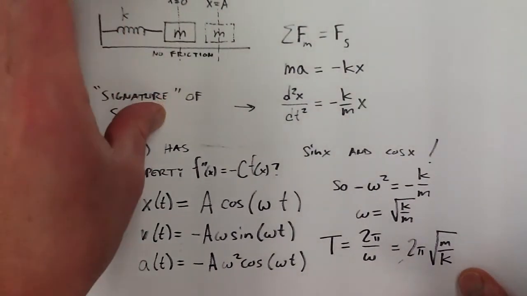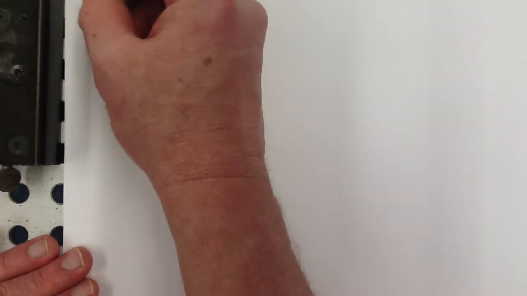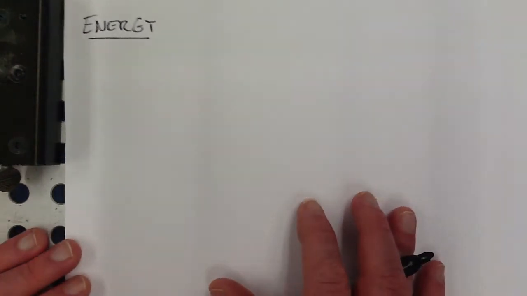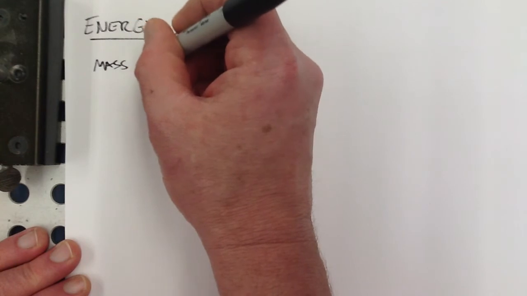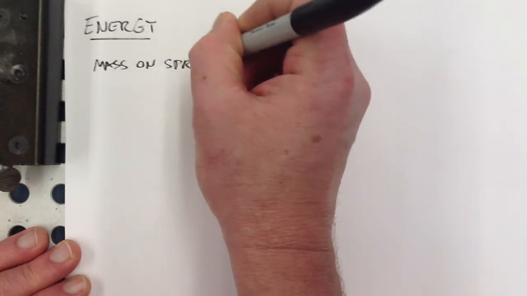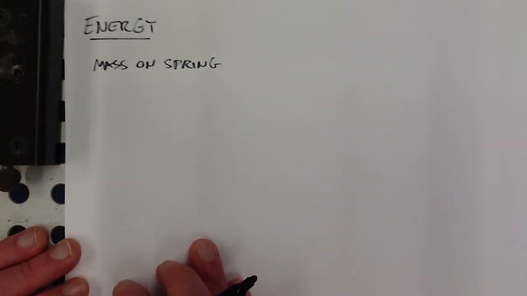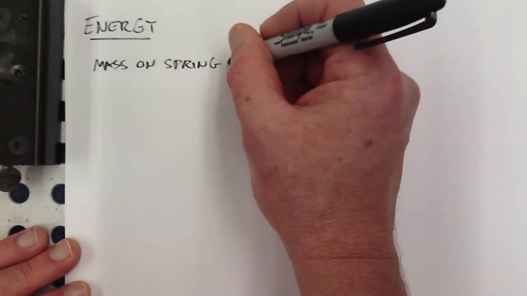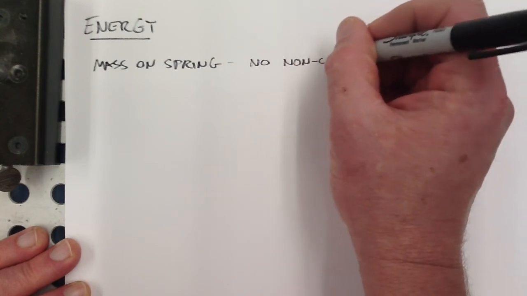All right, I'm going to just talk at you a little bit more, a couple more minutes, about energy. You know about energy. In this situation, for a mass on a spring in particular, and you can generalize this to other simple harmonic motion like a pendulum very easily, there are no non-conservative forces.